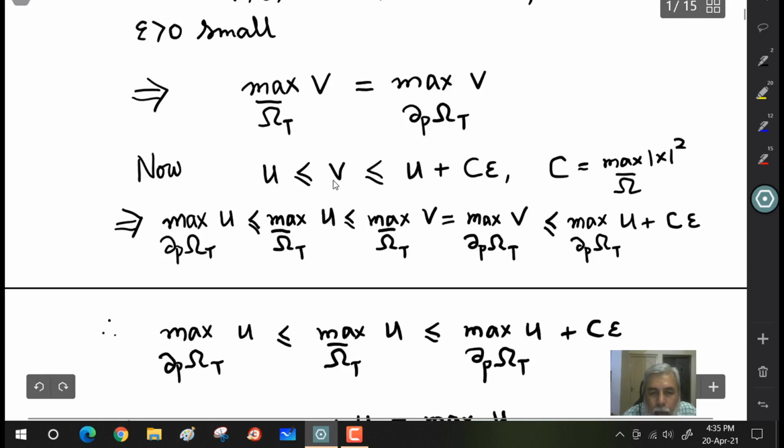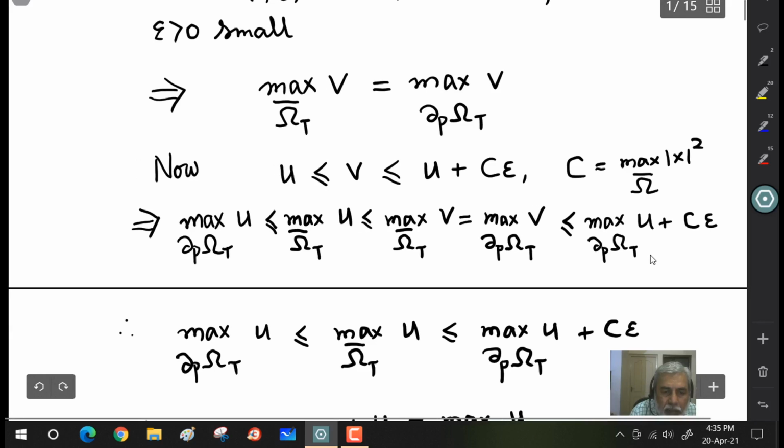Since u is less than or equal to v, this maximum of u over the closure of Omega_T is less than or equal to the maximum of v over the closure of Omega_T, and just now we have shown that this maximum is the same as the maximum of v over the parabolic boundary. But then v is less than or equal to u plus c epsilon, so that is less than or equal to the maximum of u over the parabolic boundary plus this constant c epsilon. Pay attention to these three terms.